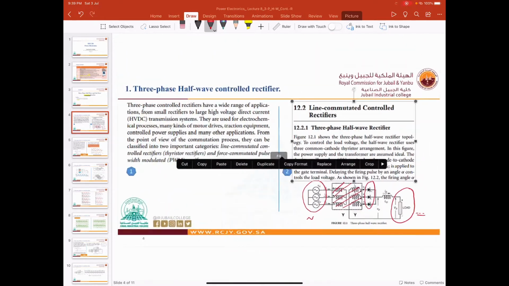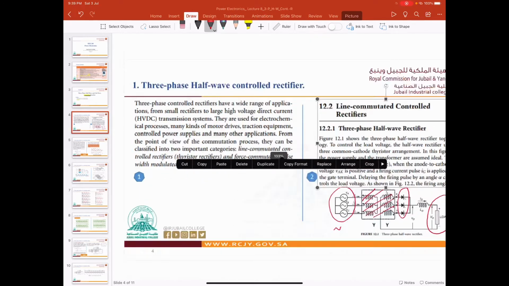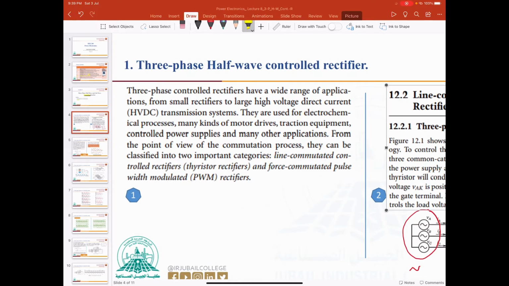Now let's go back here, shabab, and see what it says. It says three-phase has a wide range of applications, like what? Like high voltage DC. A high voltage DC transmission system basically transfers DC power from one location to a very far location, like from Dammam to Jeddah, for instance. So we will use a high voltage DC transmission line.